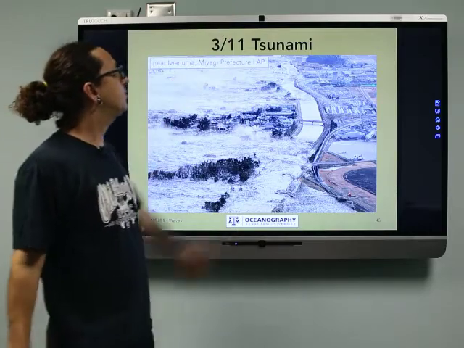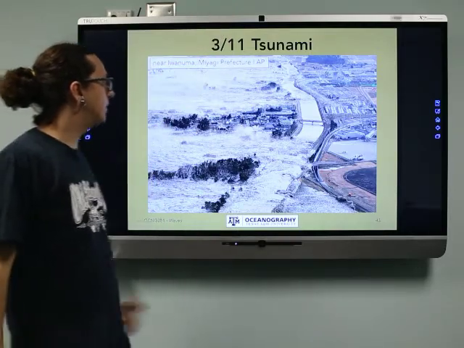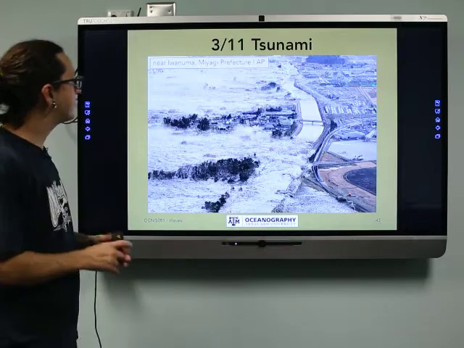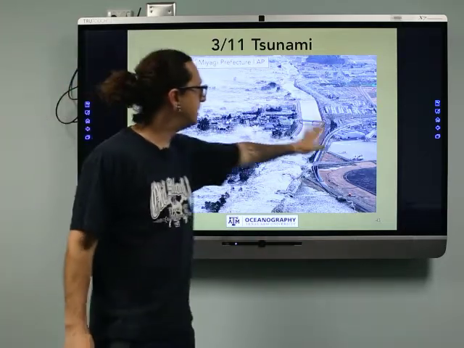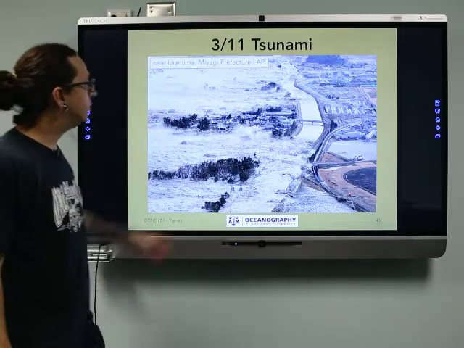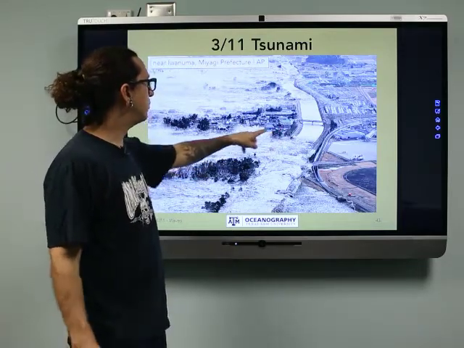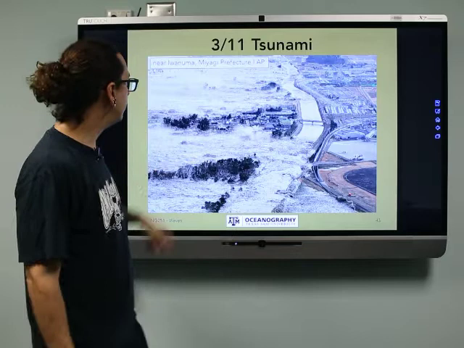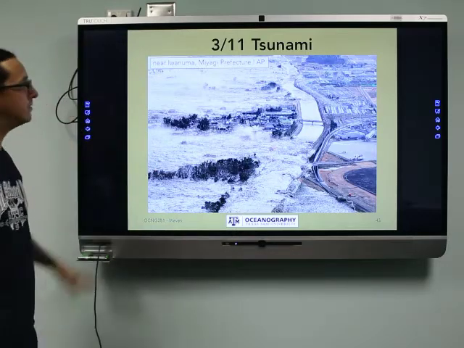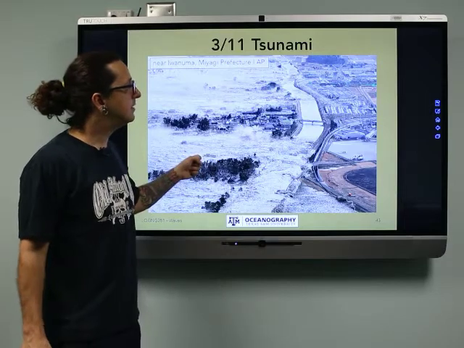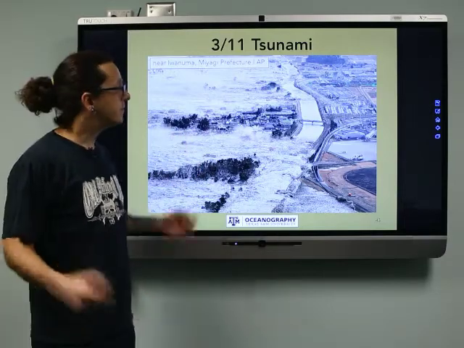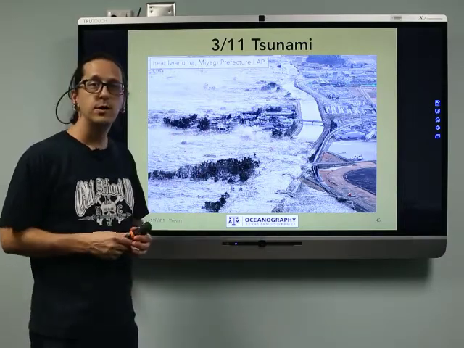So this is tens of kilometers of width of the coastline in Japan that you can see is just completely inundated by water. You can see here these are multiple story buildings that are just completely underwater at this point. So these are really powerful events. Again, there was another one of these. These are natural events, so there's only so much you can do to prepare for them.